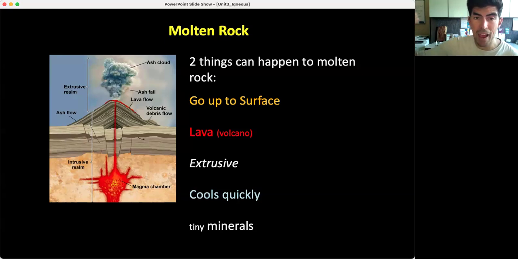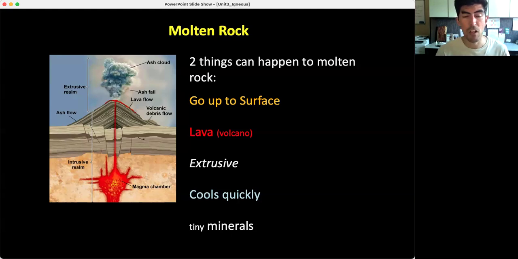Volcanoes oftentimes have a magma vent that is connected to a magma chamber deep down in the earth. Once that magma follows that vent up to the surface, it is able to then exit onto the surface, and we call that molten rock lava. Once it reaches the surface, then we call it lava. Once it is still in the ground, it is still considered to be magma.